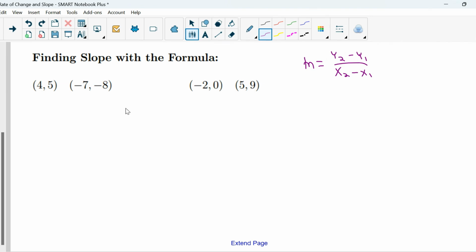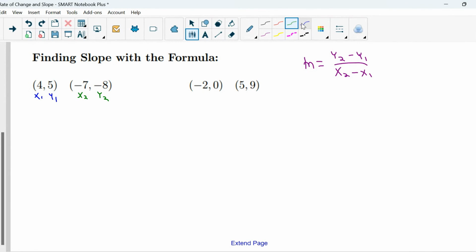All right, so looking at both of our examples, we are given two sets of ordered pairs. So within each ordered pair, our first ordered pair is our ones. So we have x1 and y1. And then our second ordered pair, we have x2 and y2.